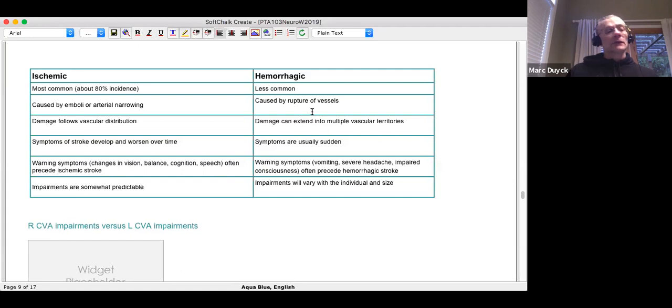And damage meaning to those important areas of our brain that are part of speech, important part of the brain that are part of hearing, vision, balance. And these symptoms are often very sudden, just like the worst possible headache that you can imagine is occurring. And the impairment certainly will vary dependent upon the amount of blood that's leaking or the extent of the arterial damage, or a smaller leak versus a larger leak.